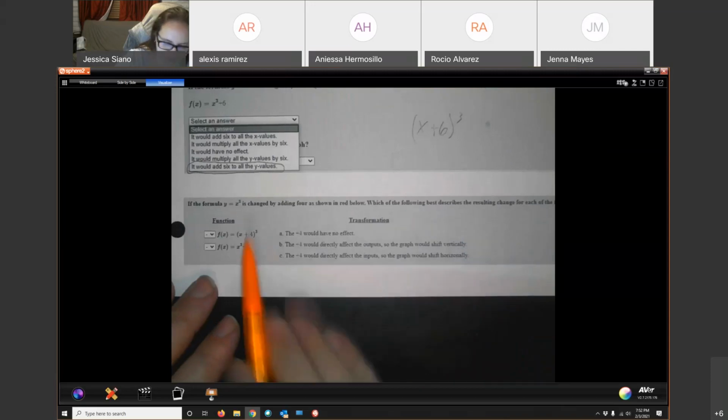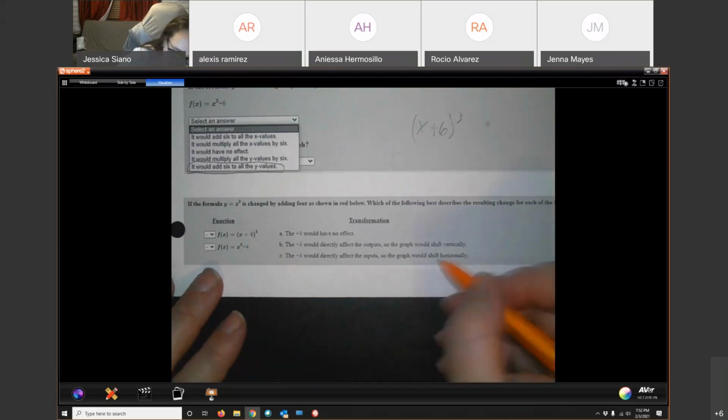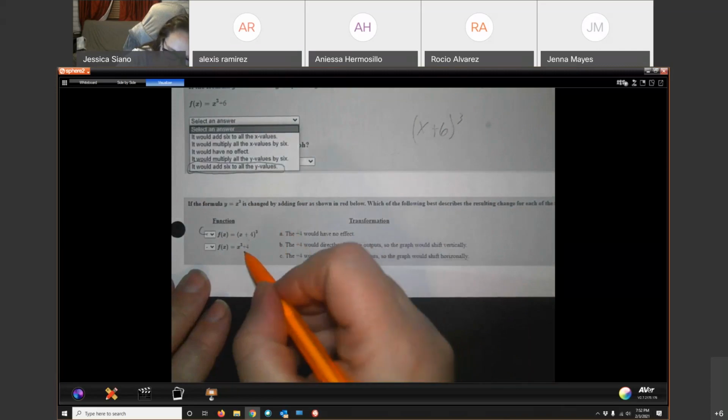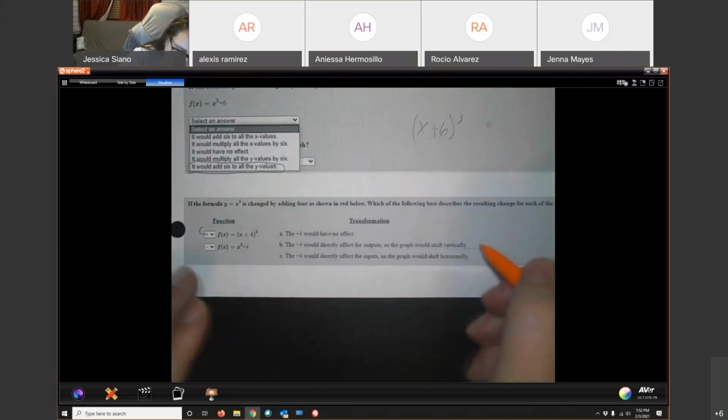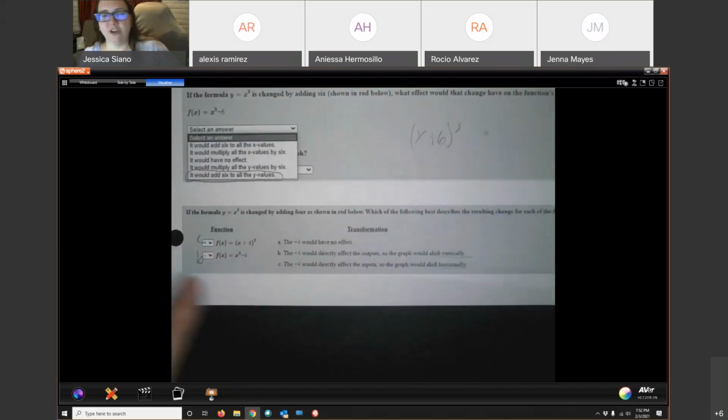Okay. So then here, a +4 on the inside would shift the graph horizontally because the inside of parentheses is a horizontal shift. And a +4 outside of parentheses would shift the graph vertically. It is a vertical shift outside of parentheses.